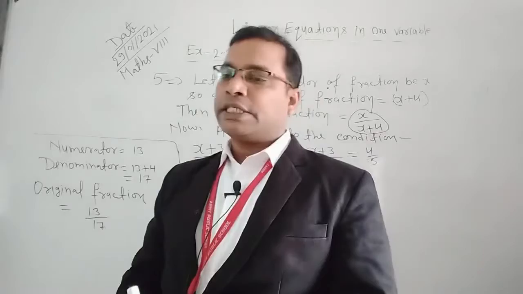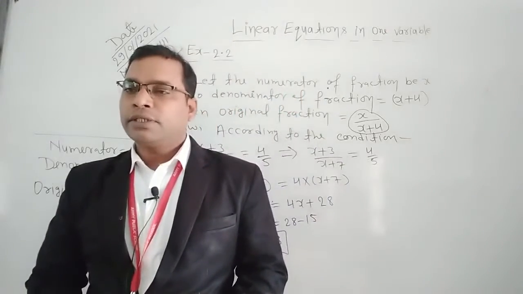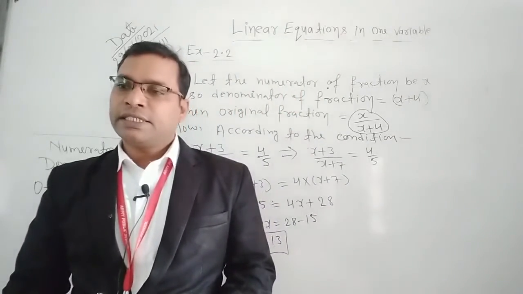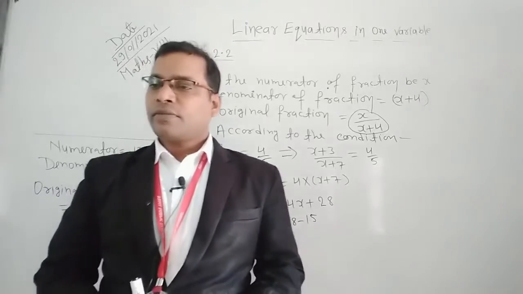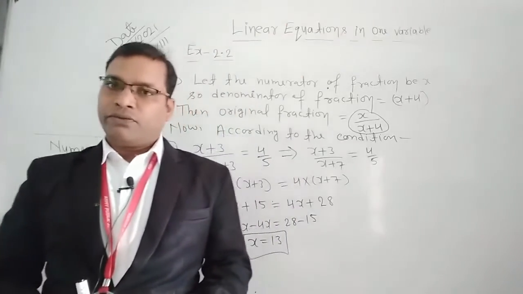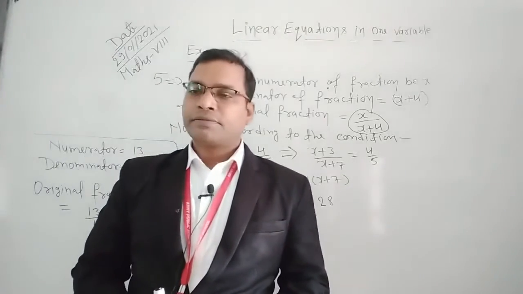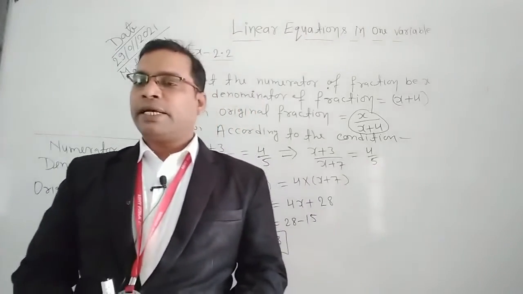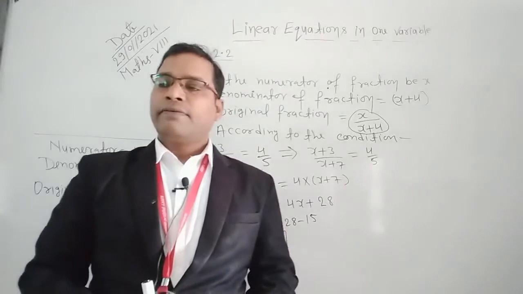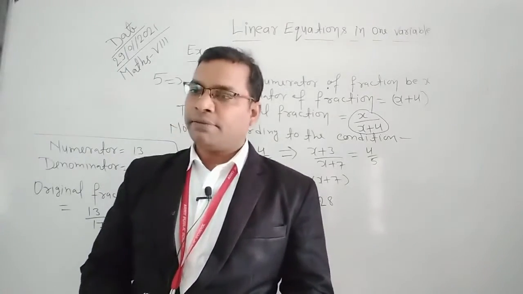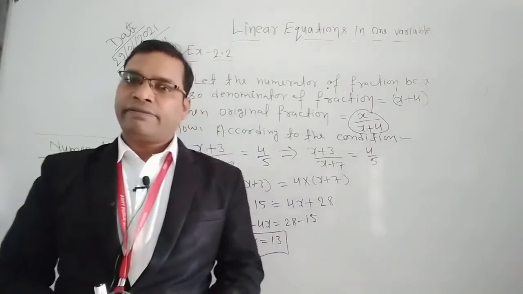In this question, it is given that the denominator of a fraction exceeds its numerator by 4. If the numerator and the denominator are both increased by 3, the new fraction becomes 4 by 5. Find the original fraction.